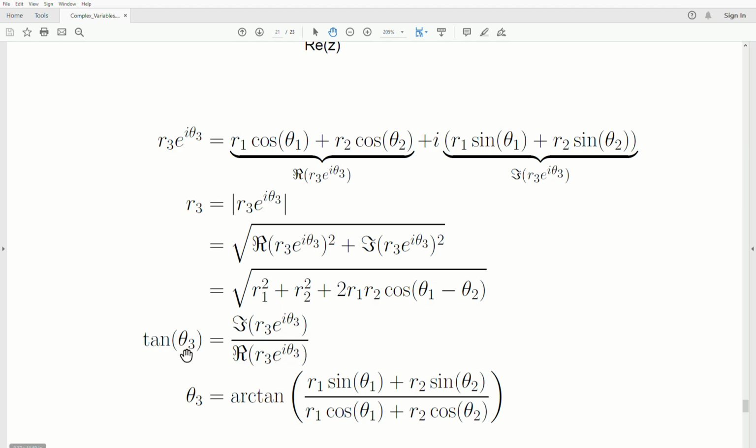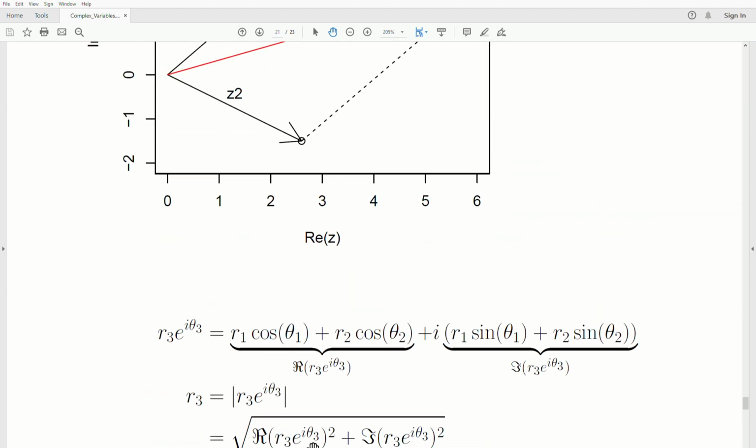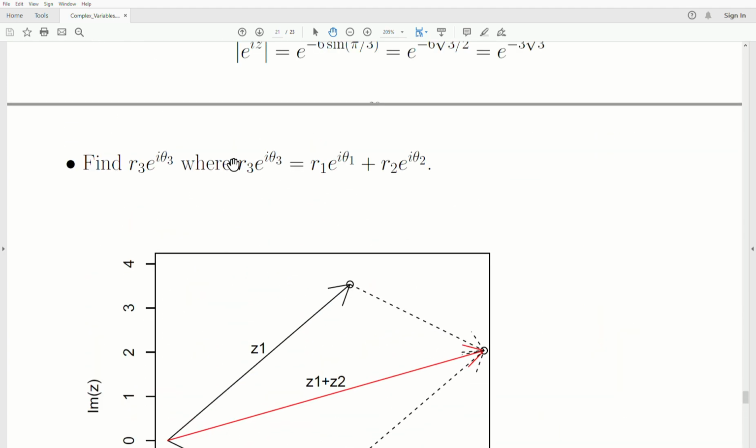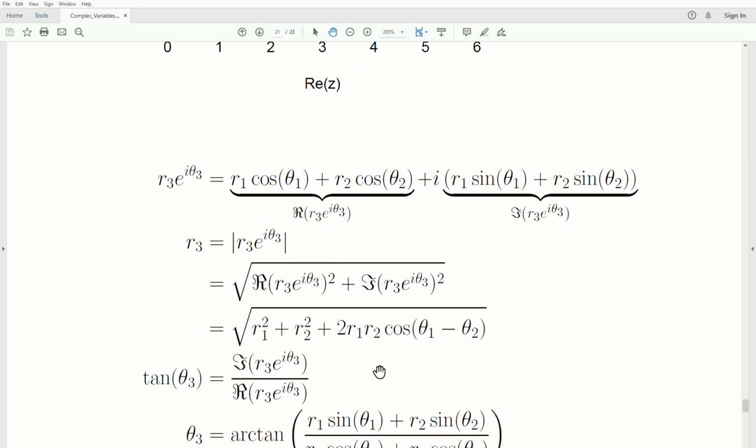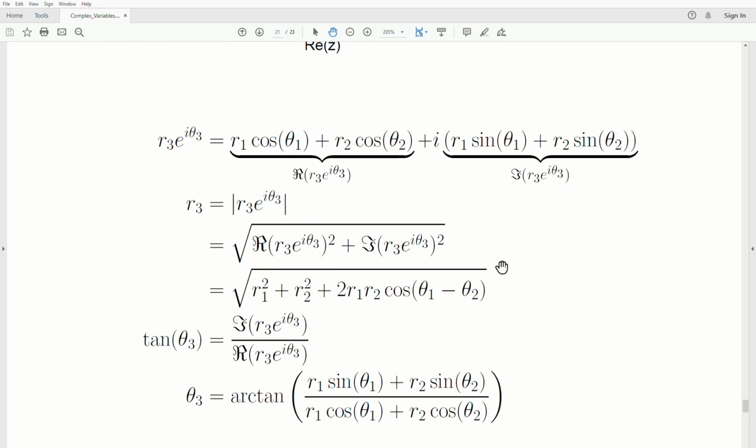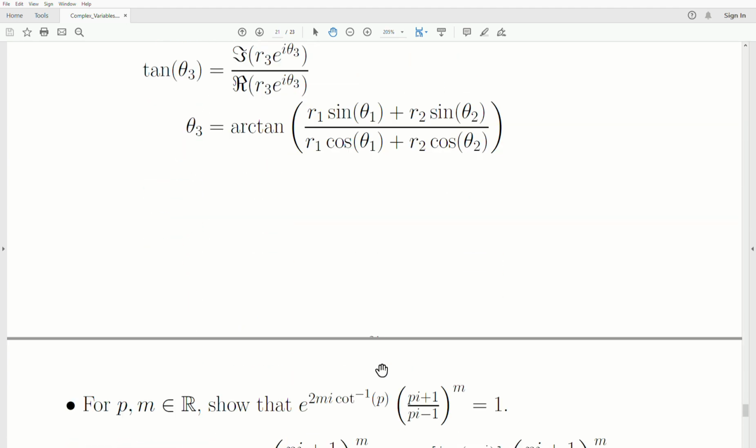But then you can back solve for theta 3 by taking the arctangent, or the inverse tangent, of both sides. And then we put in what the real component is and the imaginary component here and here. And that's it. And so this is the theta, this is the angle. So this expression here, R3, is this number, and then the angle, of course, is this number.